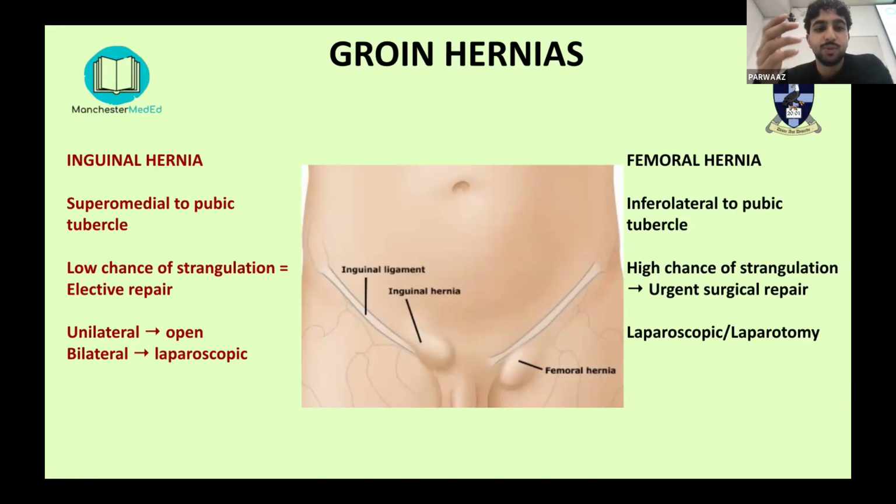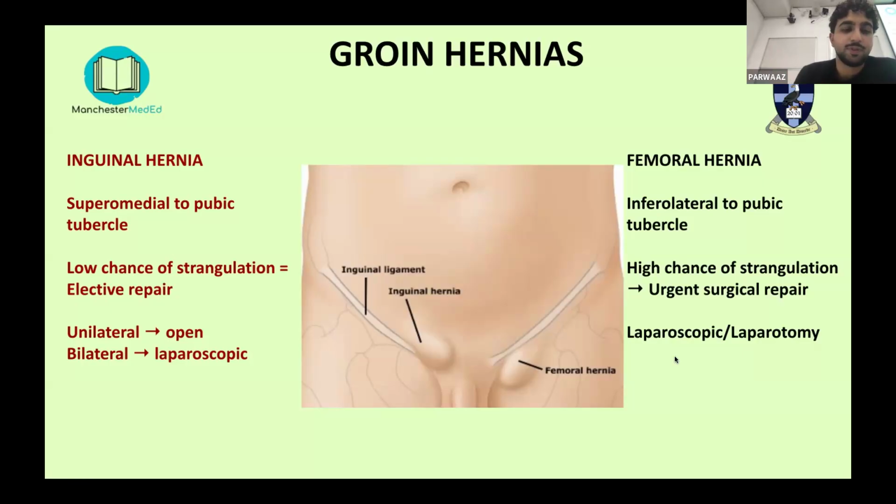The reason this is important is that inguinal hernias aren't as prone to strangulation as femoral hernias. It's essentially to do with the femoral ring being extremely tight. When abdominal contents go through the femoral ring, they're always tightly squeezed, and it can lead to strangulation very urgently. So these patients always need to be sent for surgery quickly, whereas inguinal hernias can be done electively over the next few weeks or months.